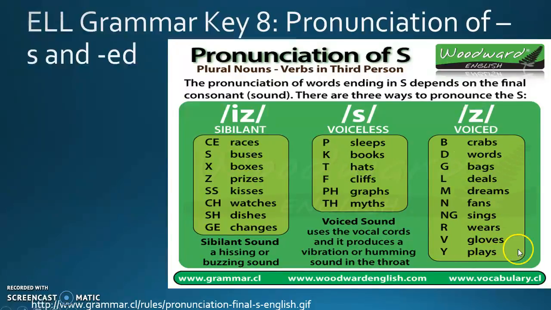Okay, for these sounds we do need to make a bigger effort in order to show the final pronunciation of this word. Why is this important? Well, because depending on the word that you're using, you may say something different. Okay, consider the example of ice, what you use to put in your drink to make it cold, and eyes, the things or the body parts that you use to see.